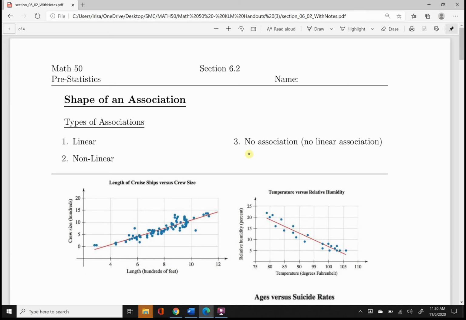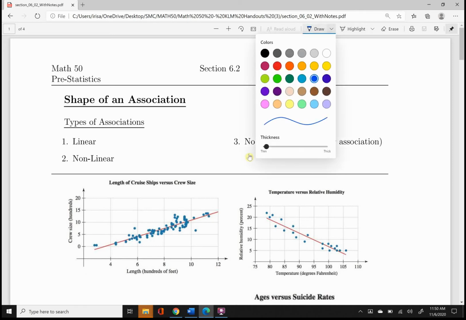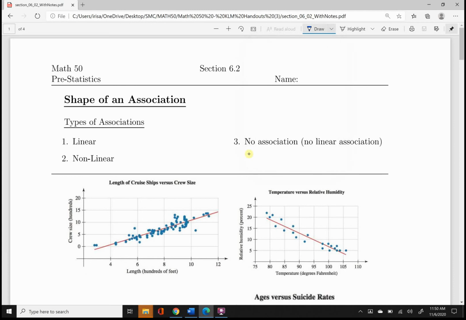Okay, so let's add some notes and let's talk about what it means to be a linear association. Well, it's all in the name. Linear associations are lines. So lines, no curves, are going to be associated with the type of association, where some associations can follow a curve.